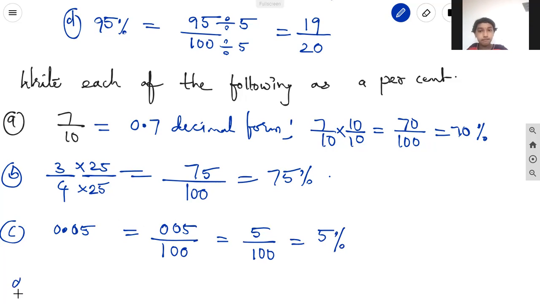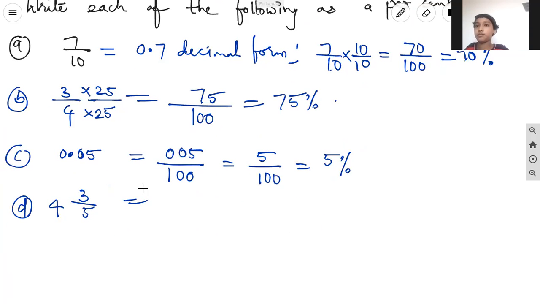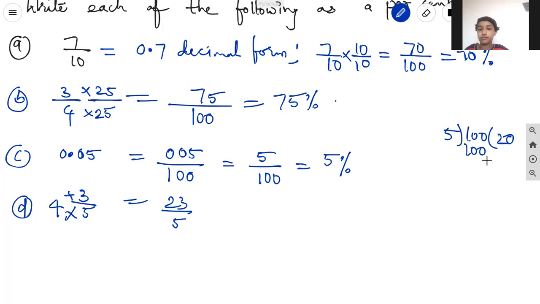And another one, 4 3/5, a mixed fraction. First, the mixed fraction can be converted into an improper fraction. 4 5s are 20 plus 3, 23 by 5. To turn it into 100, 100 divided by 5, 5 2s are 10, 5 zeros are 0.